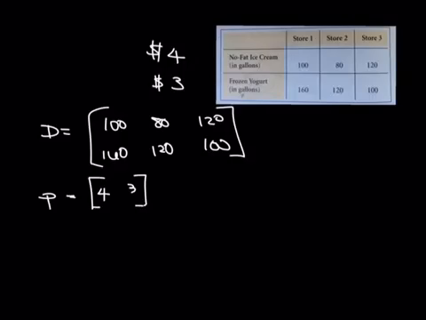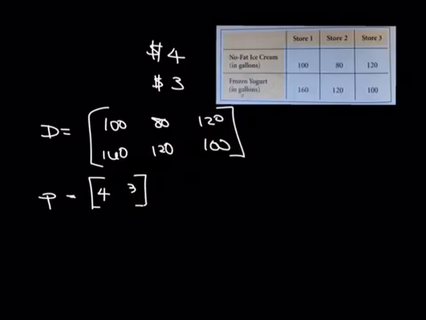Now one of the things that you do is you multiply the profit times the quantity of ice cream sold to find out how much profit they made on the ice cream and how much profit they made on the yogurt.